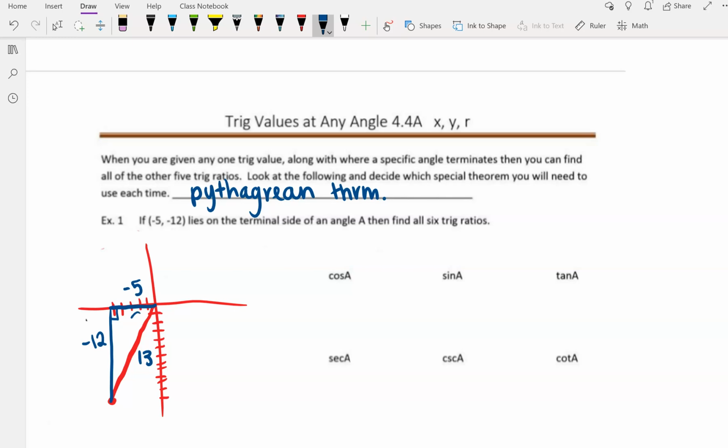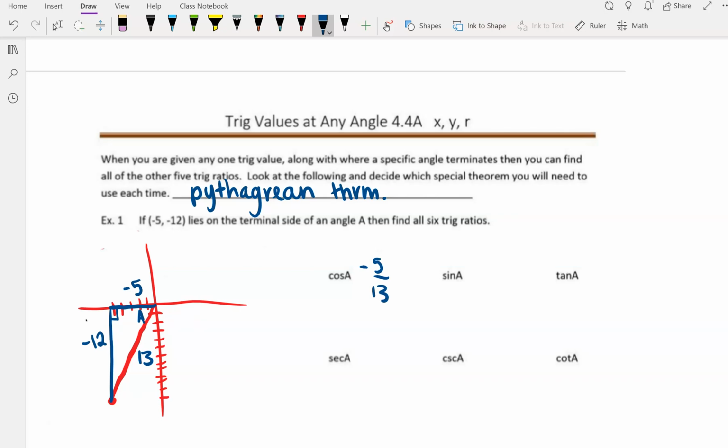So this is theta, or I guess we're dealing with A, not theta for these ones. This was A. Then cosine of A is adjacent over hypotenuse. So adjacent is -5, hypotenuse is 13. So -5 over 13.